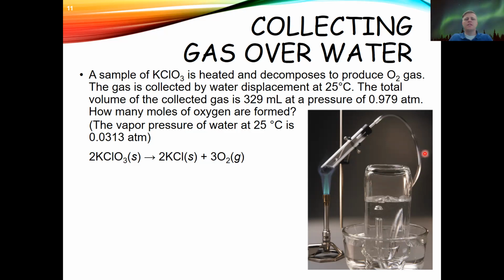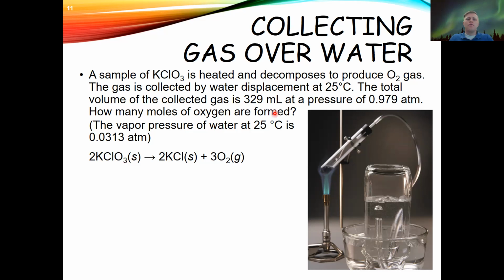So let's say we're doing this at a water temperature of 25 degrees Celsius. So the temperature of the water really controls the temperature of the gas because the gas is coming in through the water. So not only is the tubing being cooled by the water or heated by the water, but the gas is also in direct contact with the water and gets cooled down.